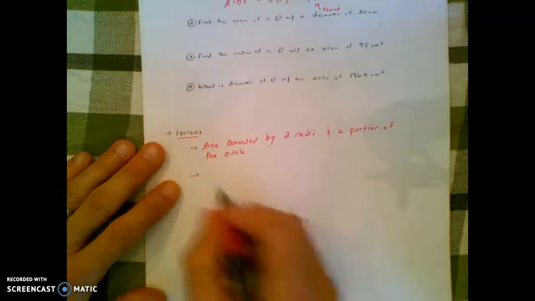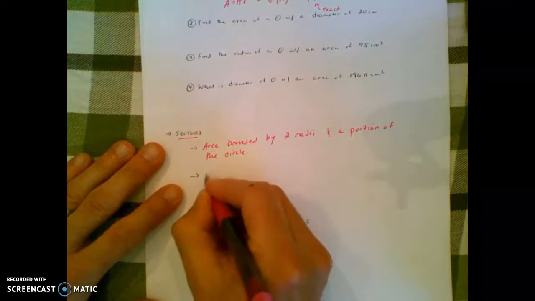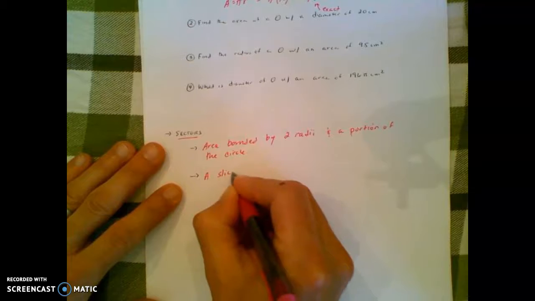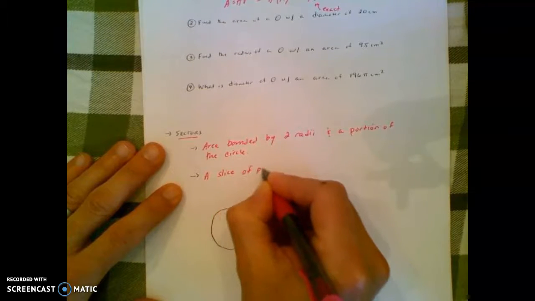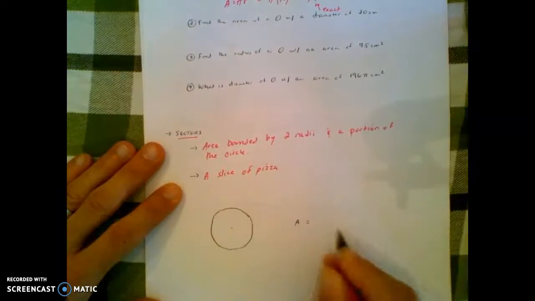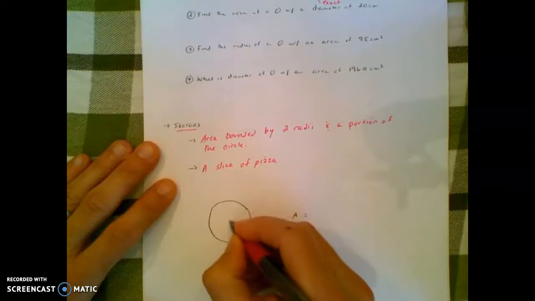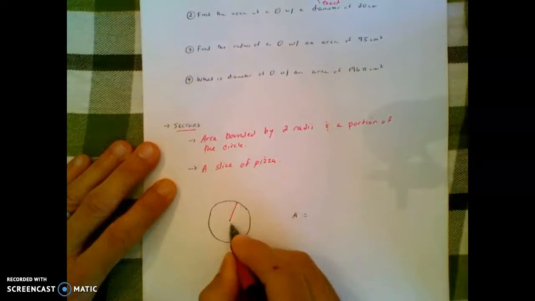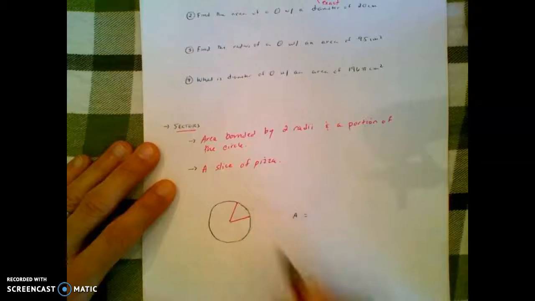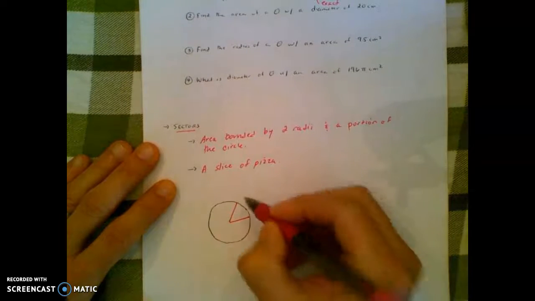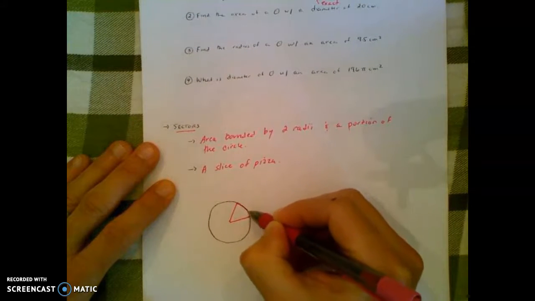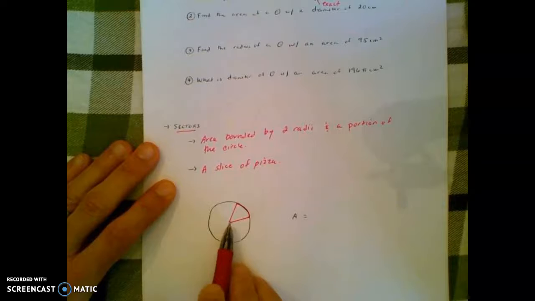I like to think of it as a slice of pizza, because I like pizza. So again, it's an area bounded by 2 radii. So here's one radius, here's a second radius. And then the portion of the circle is basically the crust of that pizza. So that's the picture of a sector right there.